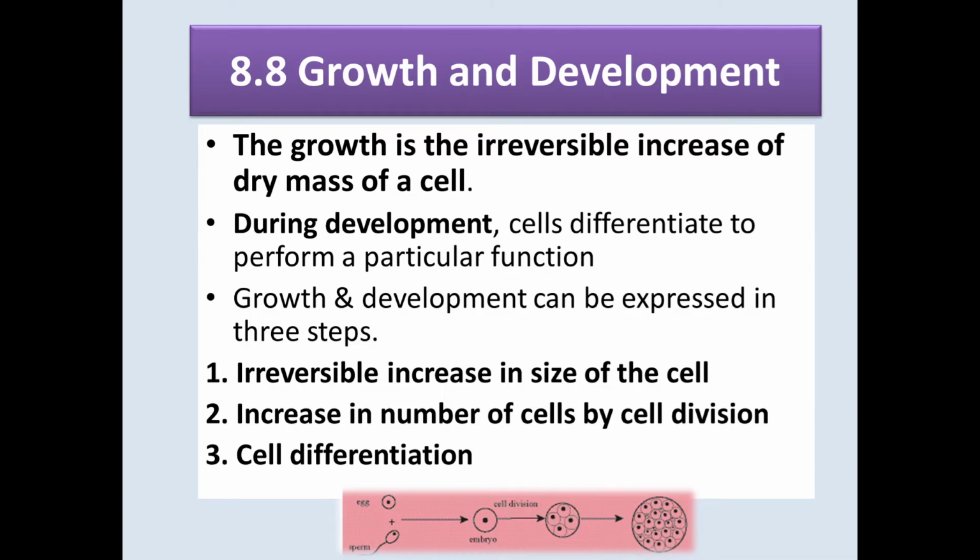When the cells increase to a certain extent, they differentiate to perform a particular function. We call it development. Once the cells are grown to a certain extent, they divide and differentiate. Differentiating of cells into a particular function is called development. The growth and development go hand in hand as a continuous process.